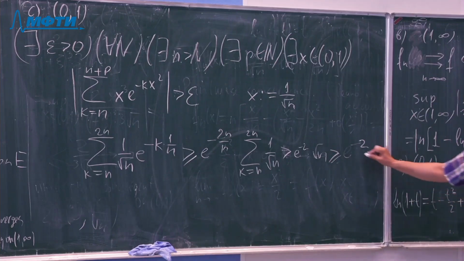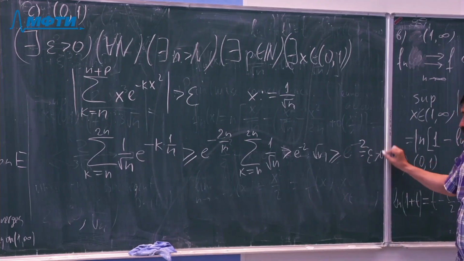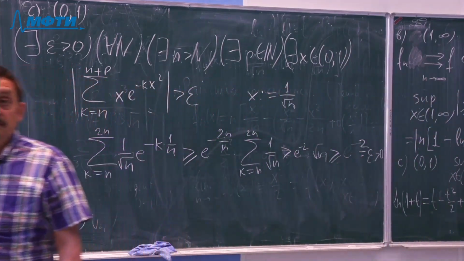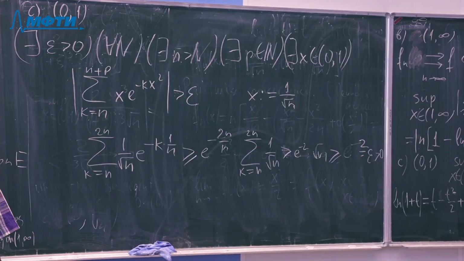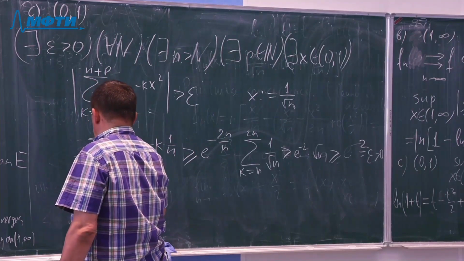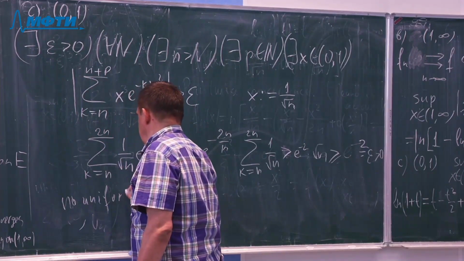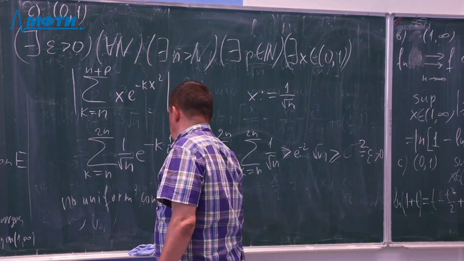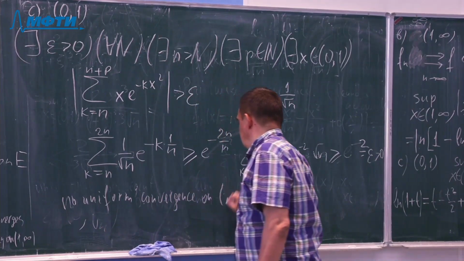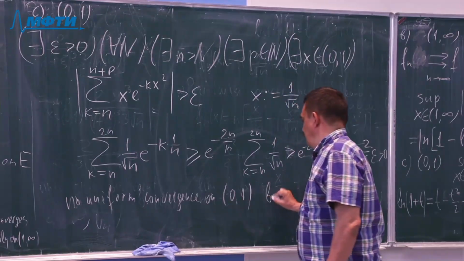And this is our positive epsilon, right? So it means that we have no uniform convergence on 0, 1 by the Cauchy criterion.